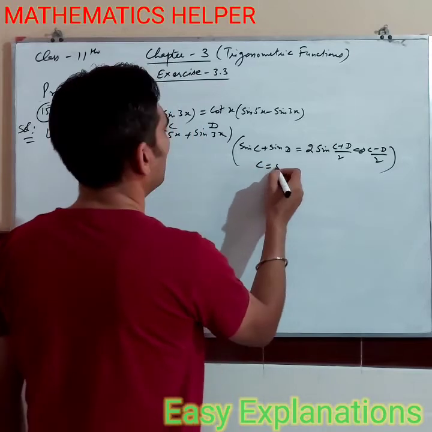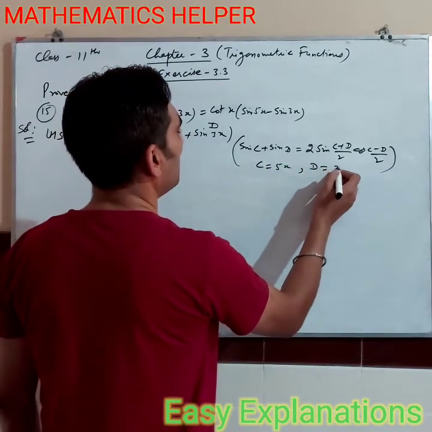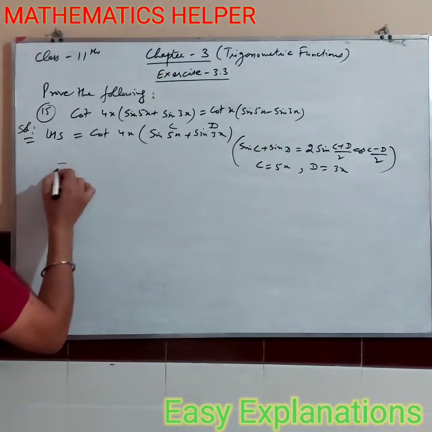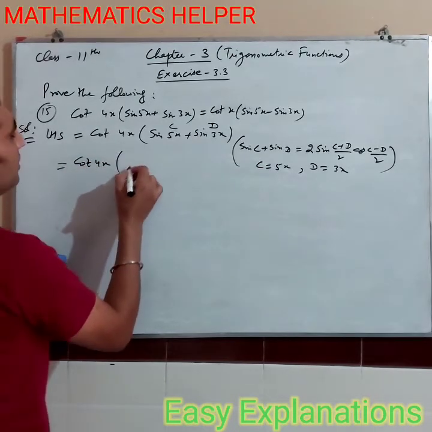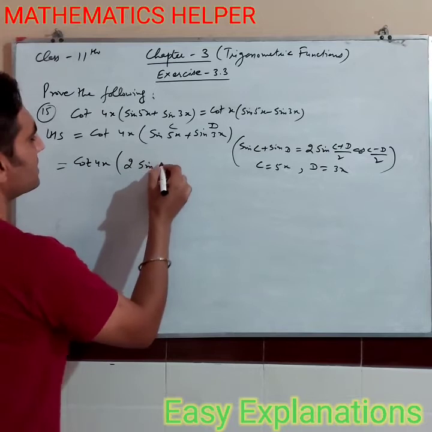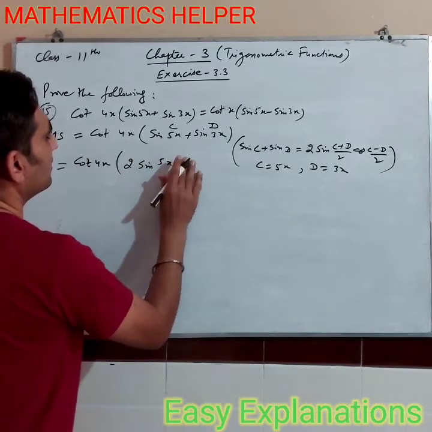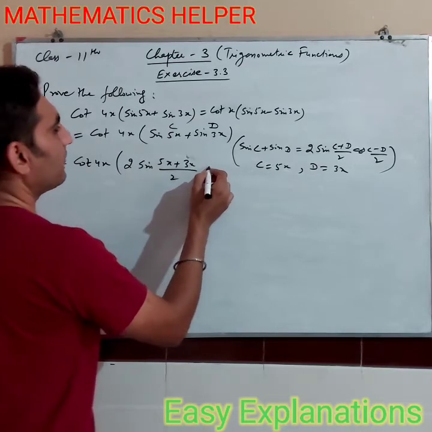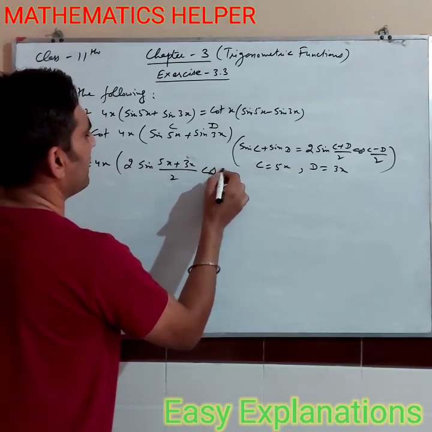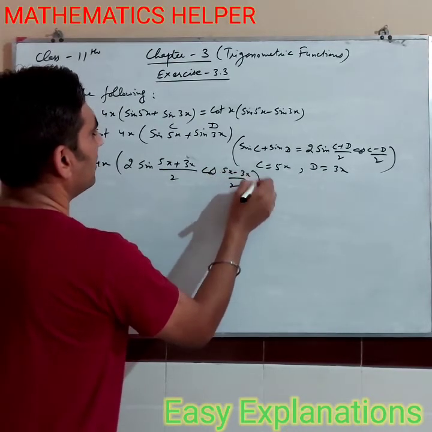What is C? 5x, D is 3x. So use the formula. It is cot 4x into 2 sine of the sum of angles (5x plus 3x) over 2 and cos of the difference of angles (5x minus 3x) over 2.